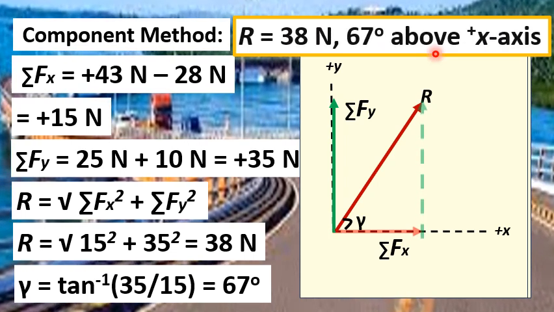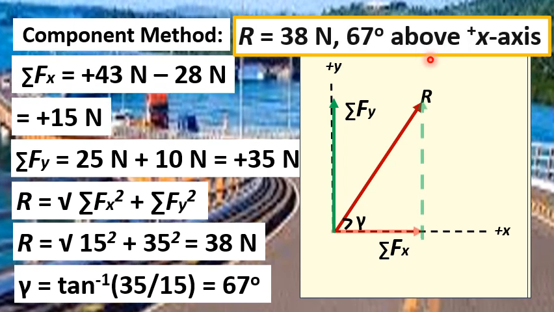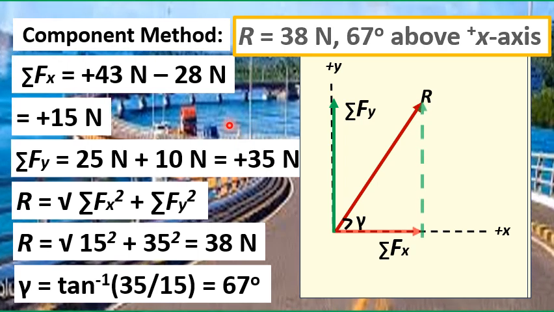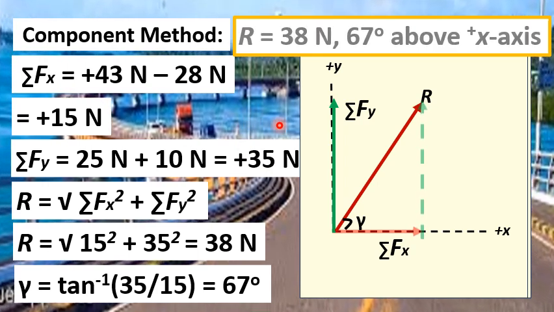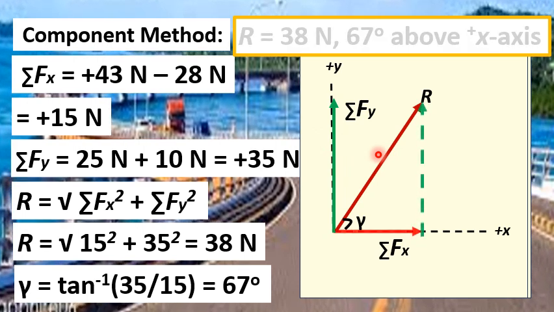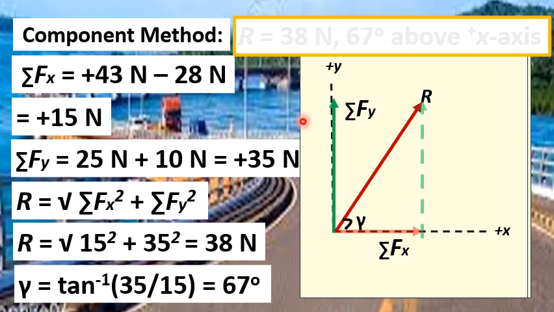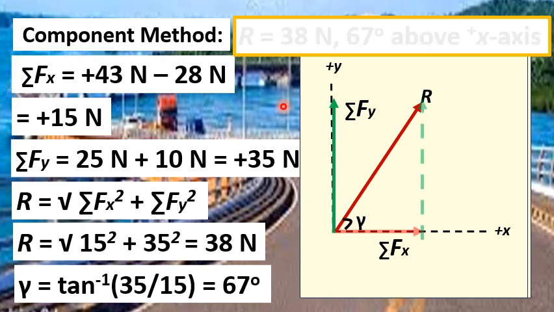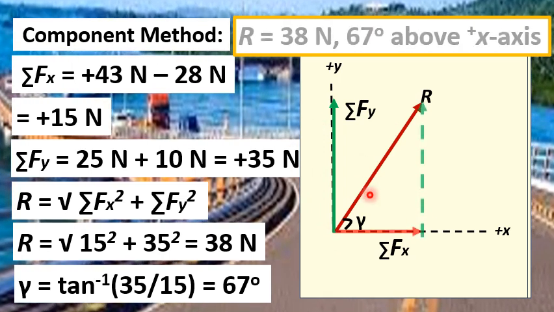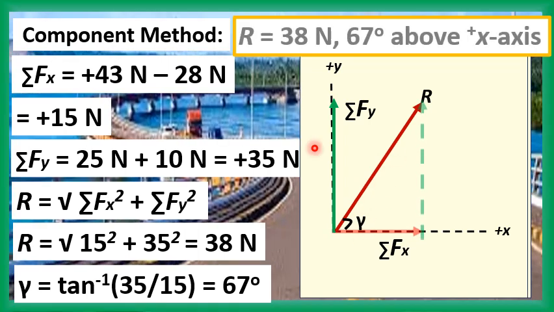And this answer jives with our first answer earlier when we used the sine and the cosine laws. So you see, it doesn't matter which of the two methods you will use in computing the resultant of two concurrent and coplanar forces.